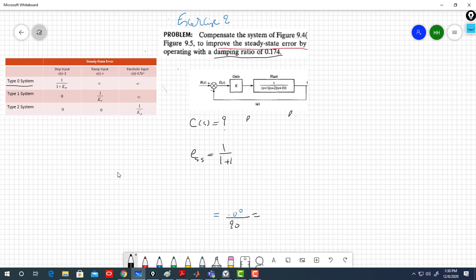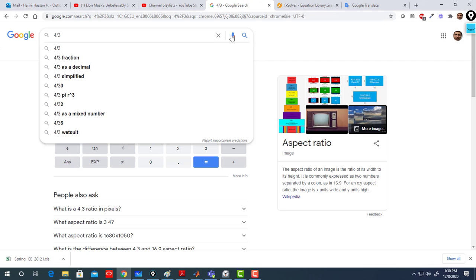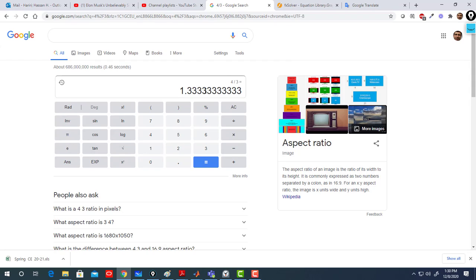Okay, let's use the calculator and see. 180 over 20 equals 9.